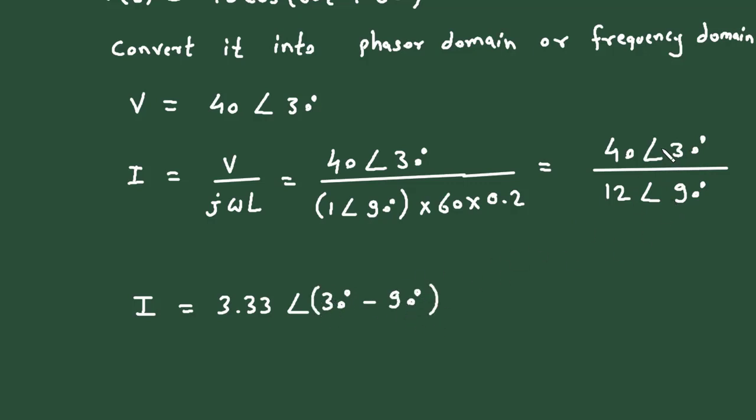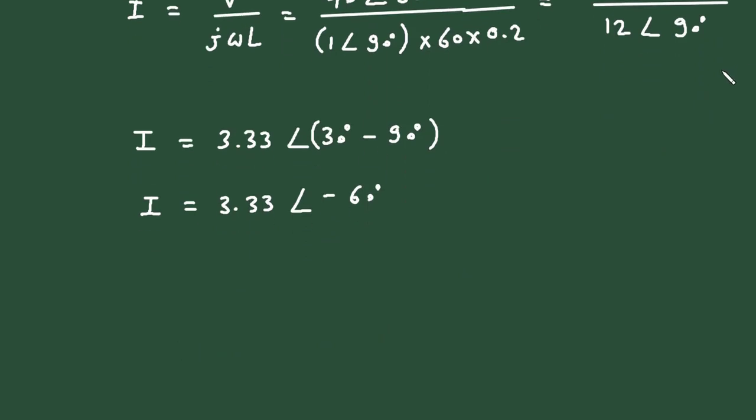So this is how we solve division of polar form. So therefore I is equal to 3.33 at an angle minus 60 degree. Now this is the value of current I in phasor domain form.